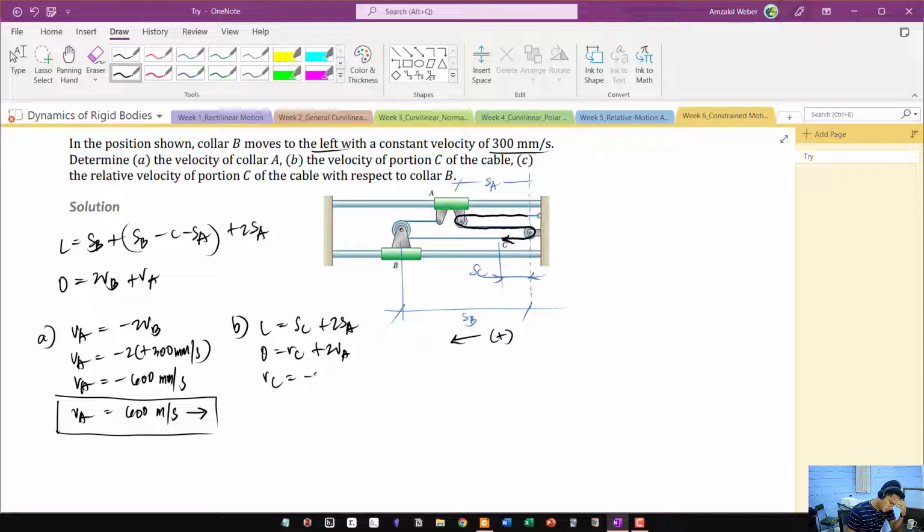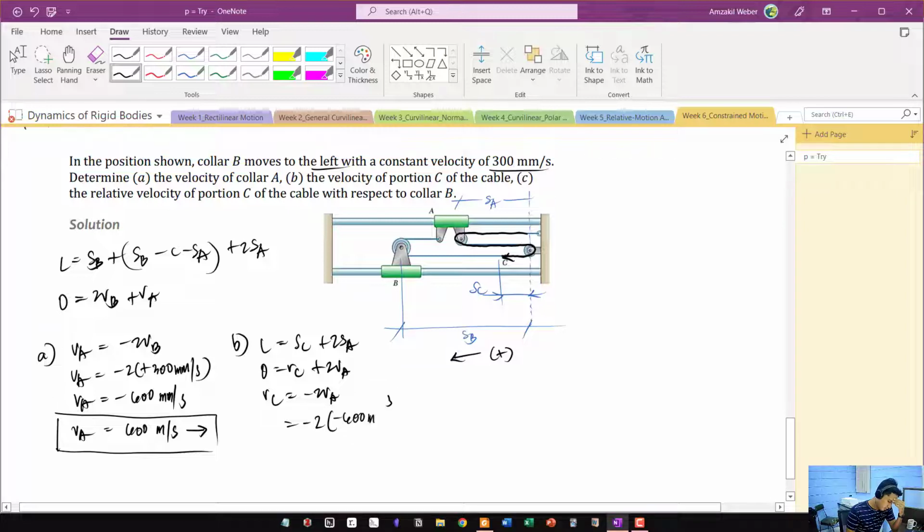So VC is equal to negative 2VA, which is the same as VA initially in question A. But VA is negative 600, so VC is positive 1200, or VC is equal to 1200. Positive means leftward.